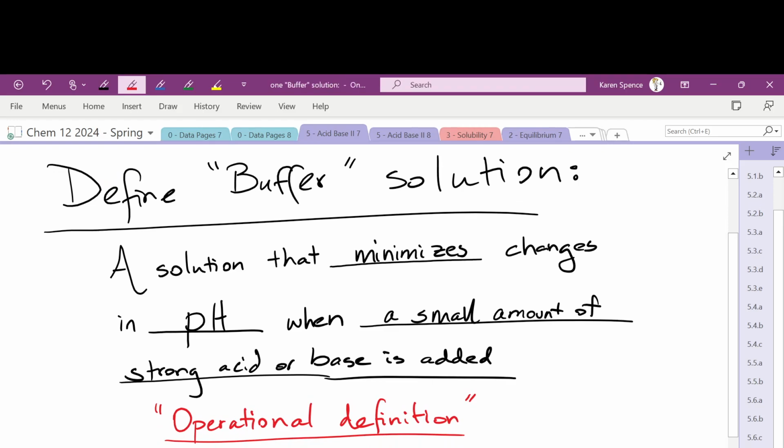An operational definition is one which describes how the thing works, how it operates.